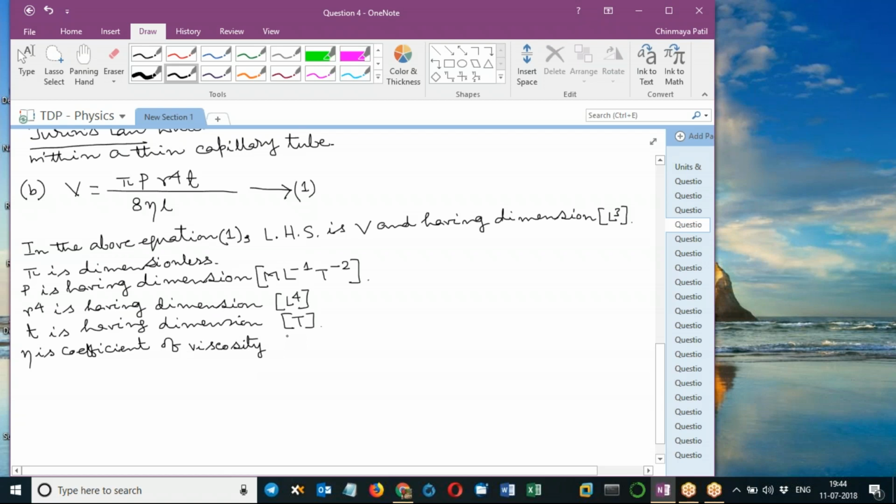Coefficient of viscosity is the degree to which a fluid resists flow under an applied force.